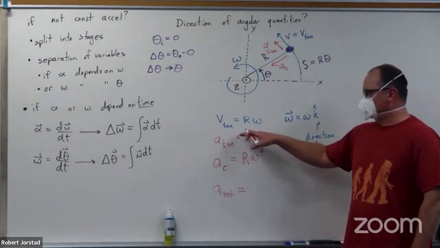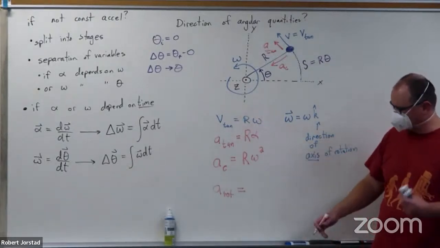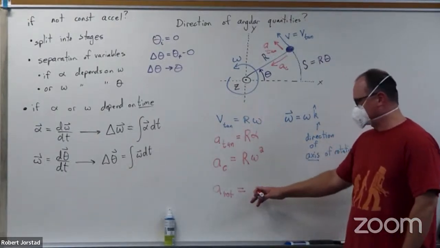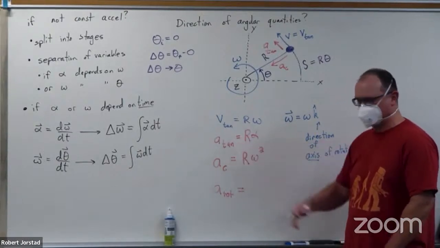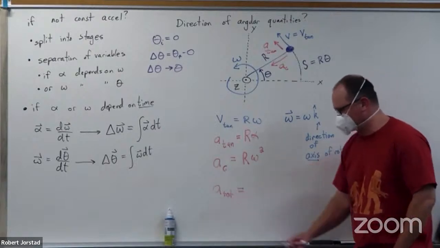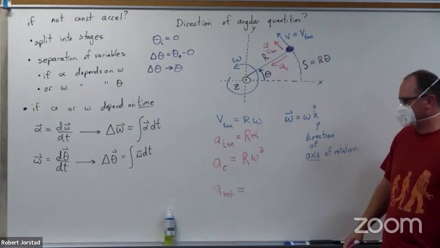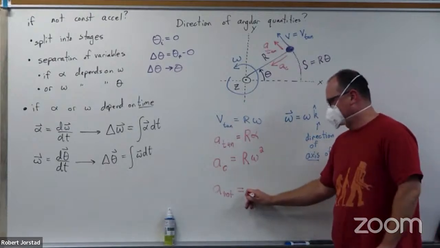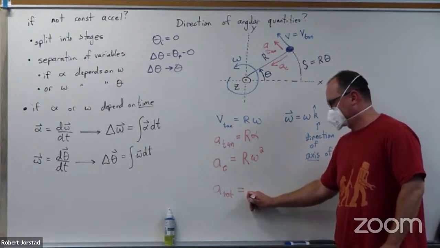Now keep in mind, do you agree these are not vectors here? These are just some numbers. So in this case, how would I get the magnitude of a total from these two numbers? If I wanted the total acceleration magnitude from these two vectors, square root.